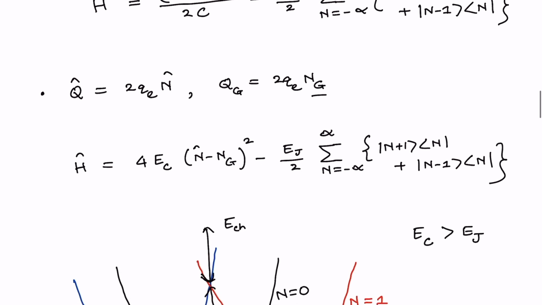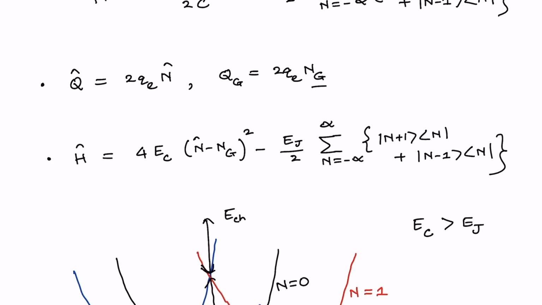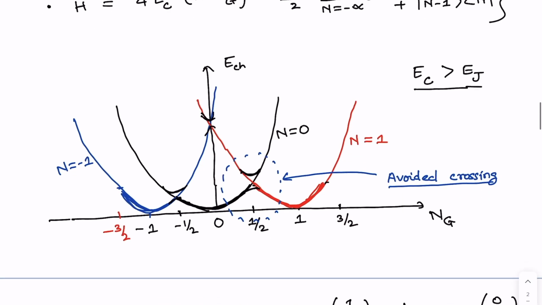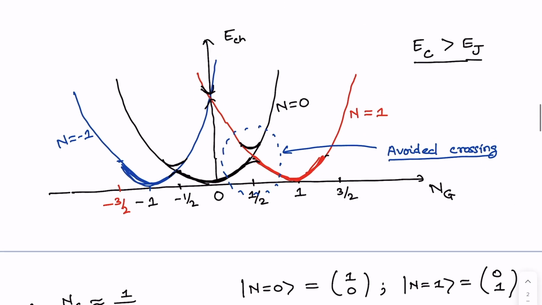Using this, the Hamiltonian can be written, as we showed in the last class, and analyzed assuming that the Josephson energy Ej is much weaker compared to the charging energy Ec. Then we get this typical plot, which clearly shows that because of the presence of the Josephson energy, the crossing is avoided, resulting in the phenomenon of avoided crossing.